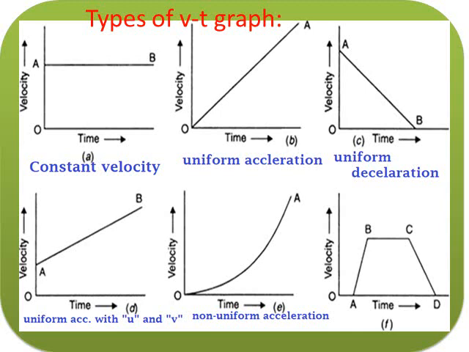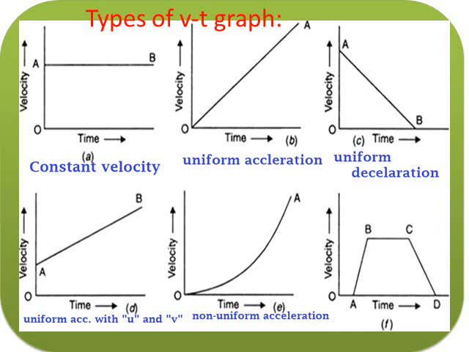The graph A, look at the graph A, velocity is taken in y-axis, time is taken as x-axis, and the line is parallel to the x-axis. So what does it reveal? That means there is no change in the velocity, there is no change in the speed of the object. That means the body is traveling with a constant velocity, no increase in velocity nor decrease in velocity, and we call it as the body is traveling with constant velocity.